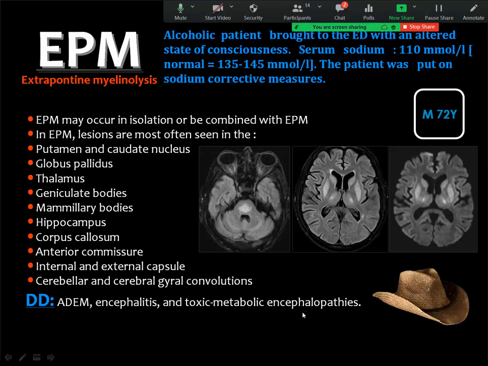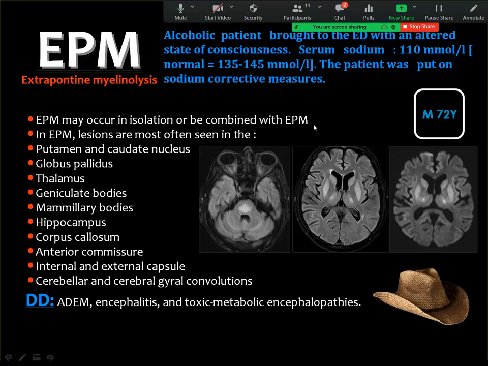Alcohol is one of the causes, of course, and the rapid correction of hyponatremia is one of the predisposing issues for the development of central pontine and extrapontine myelinolysis.